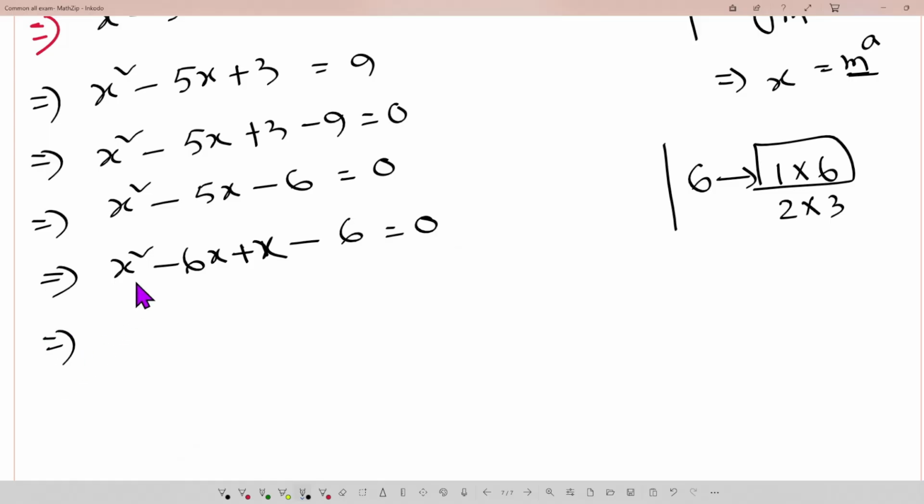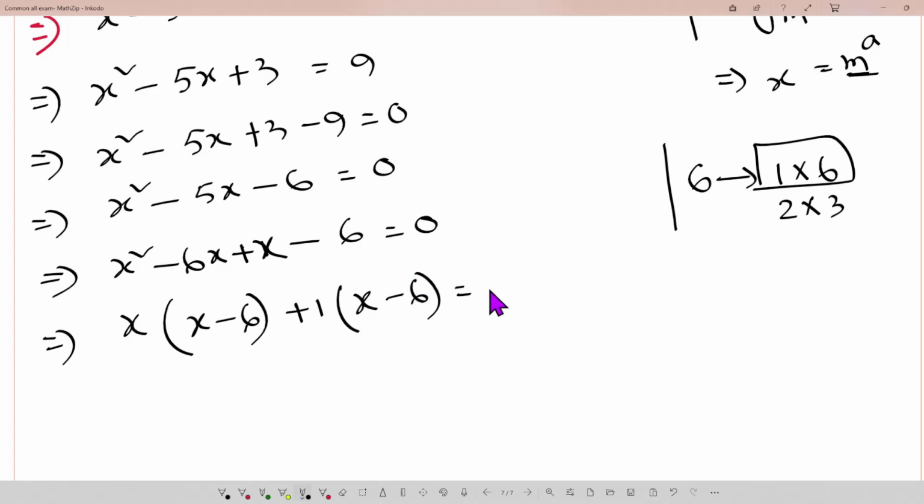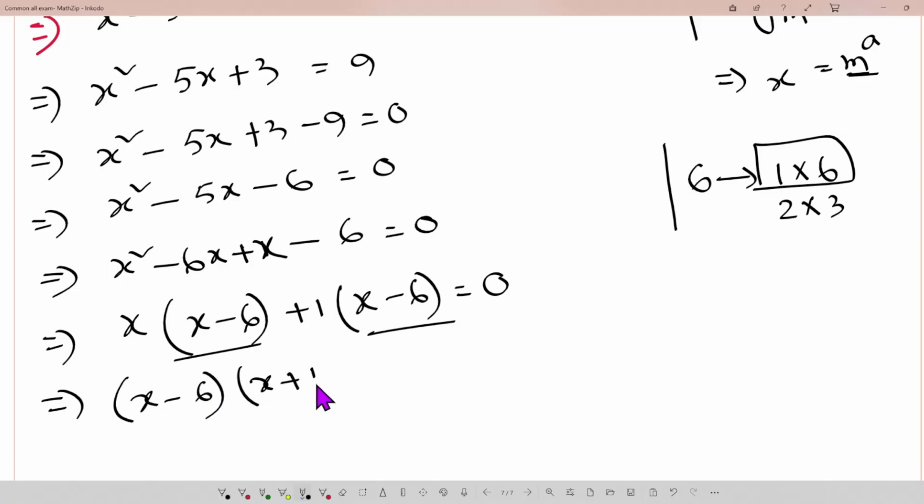Right, now we can take common x, so here is x times x minus 6, we can take common plus 1, so here is also x minus 6 equals 0. Now here is x minus 6, and here is x plus 1 equals 0, right?